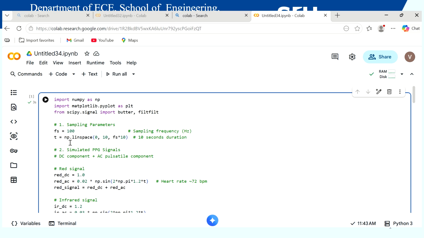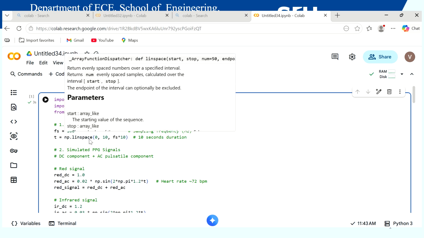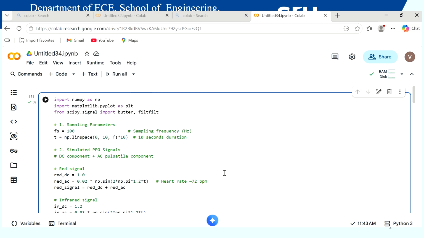Then t equal to np.linspace(0, 10, Fs times 10). What is the meaning? This time axis starts from 0 and ends at 10. In between, how many partitions are taken?